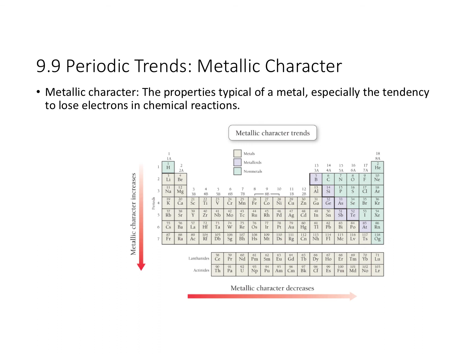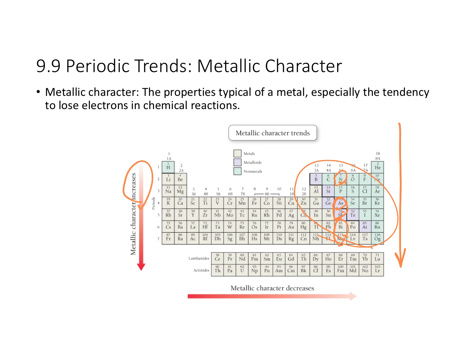So if you just look at this area here, you can say that when we go up to down, metallic character increases because we have nonmetals, then metalloids, and then metals. Can everyone see that? Why metallic character increases? Because we have nonmetal, and then metalloid, and then metals.